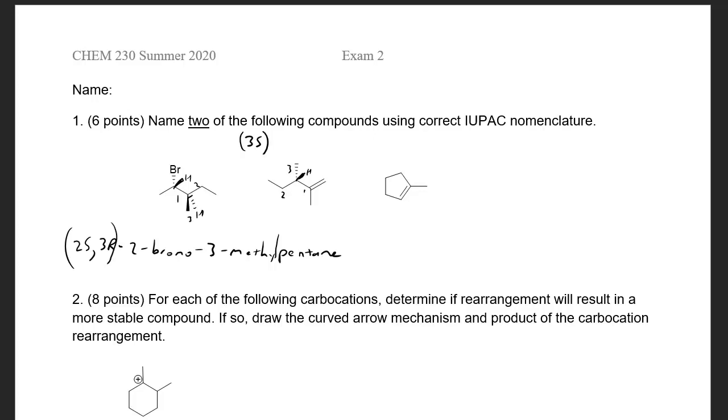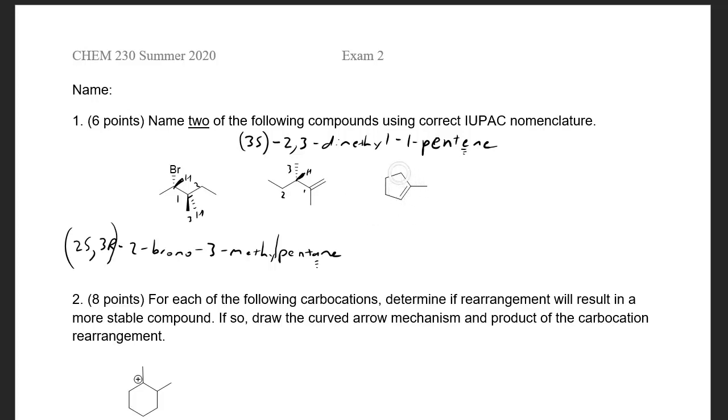And I don't need to specify the 3 since there's only one of them, but I'm just going to leave it like that anyway. 2,3-dimethyl. And then 1-pentene. And often again, you don't see the 1 in front because you can ignore it if it's 1. But it is important that this is pentene, not pentane, as I have there.